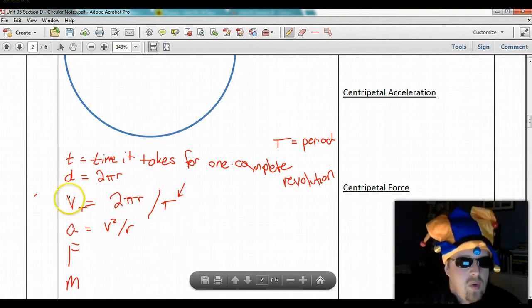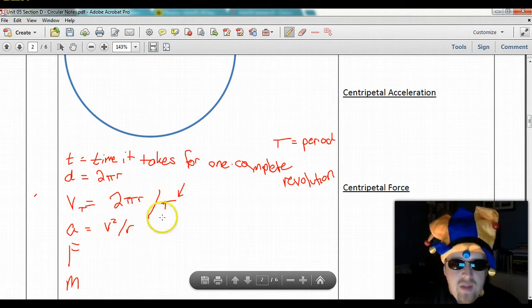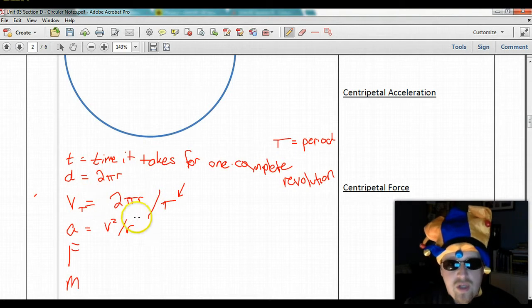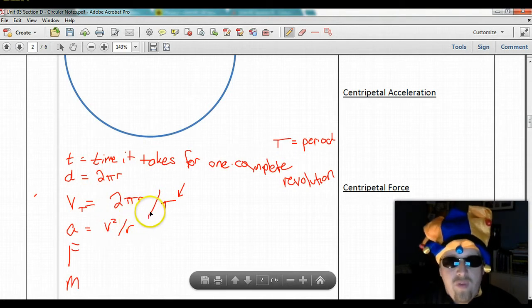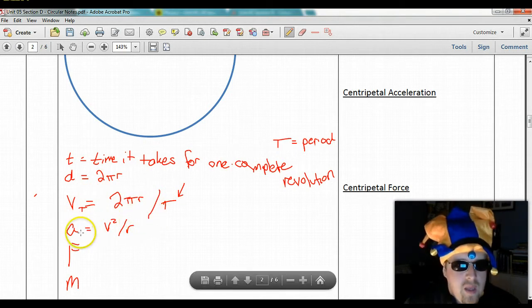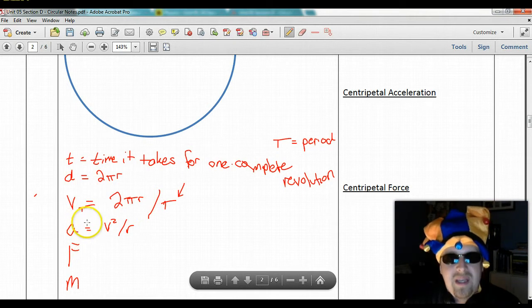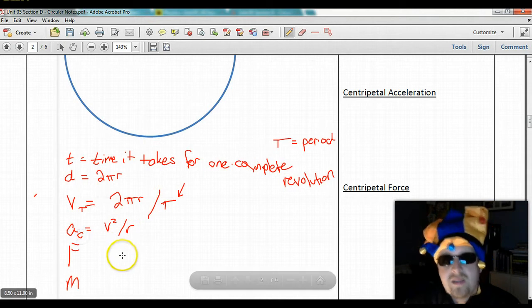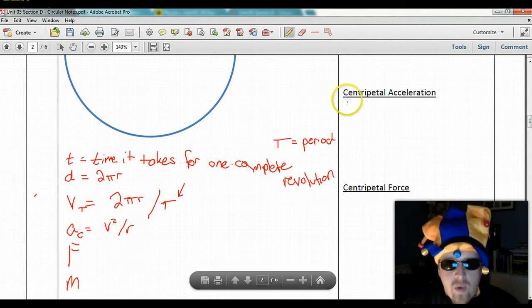Okay, so what we can do is substitute in this equation for the tangential velocity and come up with yet another form of the equation for acceleration. Because the acceleration is center seeking, it's going to have a lowercase c here, meaning centripetal, and we see that word show up over here on the right-hand side.